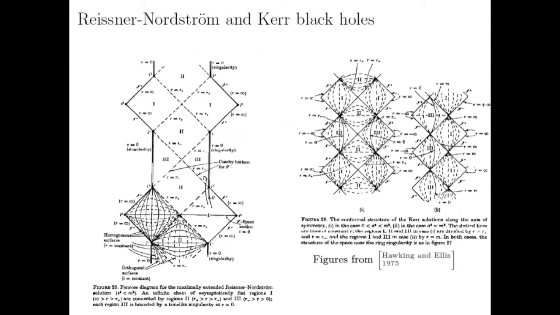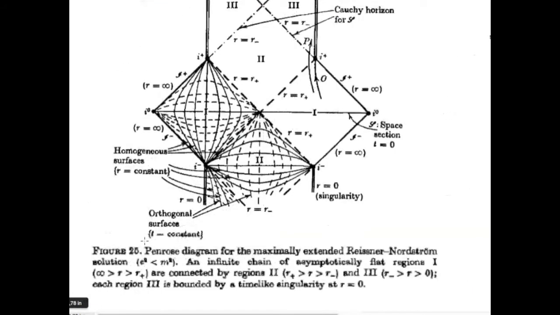They're given here. These figures are all from the very nice textbook by Hawking and Ellis. So on the left side, we have a Penrose diagram for the charged non-rotating black hole, Reissner-Nordström, in the non-extremal case. What that means is that the charge compared to the mass satisfies a certain bound. Essentially, the charge is less than the mass in natural units.